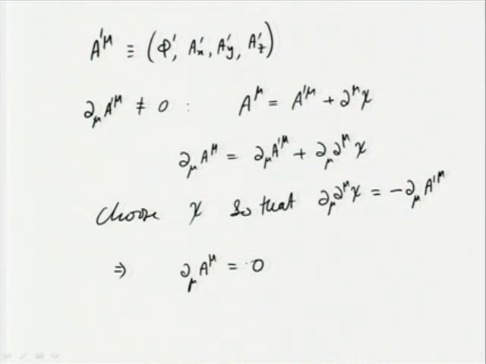To start with, if it is not divergenceless, then we can always consider the scalar field which will change the A mu so that the new A mu is divergenceless. We have an A mu which satisfies this condition. Is that the only arbitrariness in that? That is not.